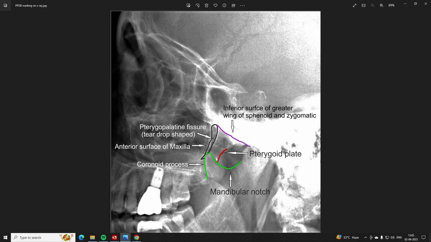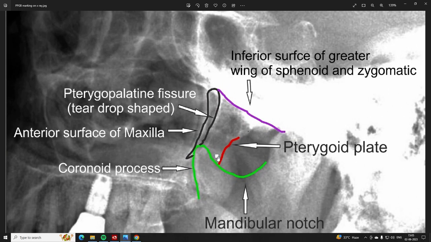Here we can see the white dot. First I find the lower border, this mandibular notch. Then I imagine the coronoid process, because that is almost at the same level as the pterygopalatine fissure, and I take my entry point as anterior as possible in this notch.